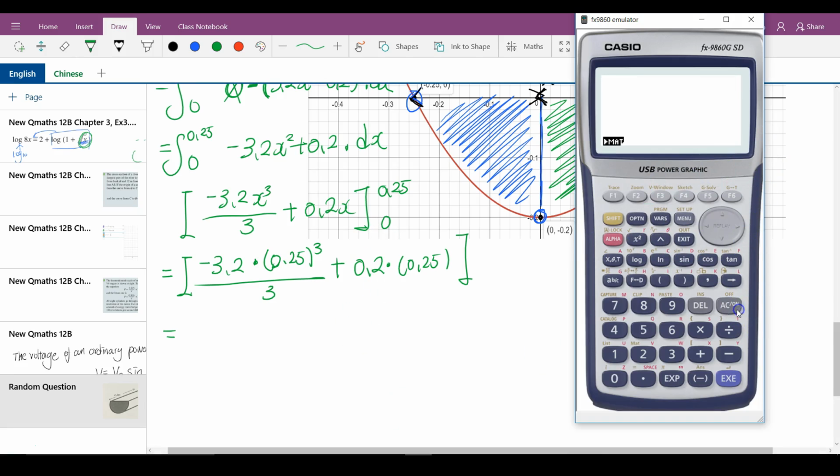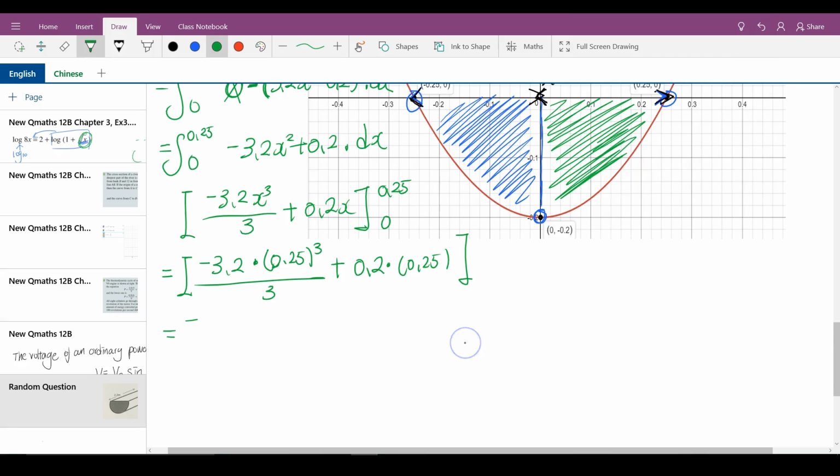So we go negative 3.2 multiplied by 0.25 to the power of 3, and then divided by 3, which gives us that. Can we do it in fraction? Yes. We get negative 1 over 60.